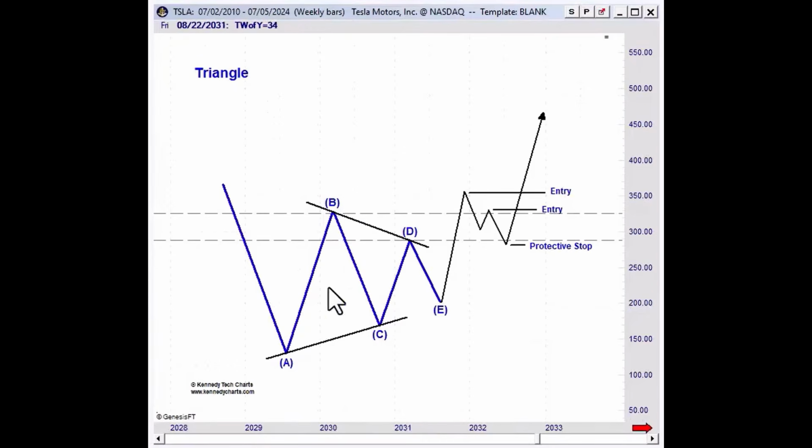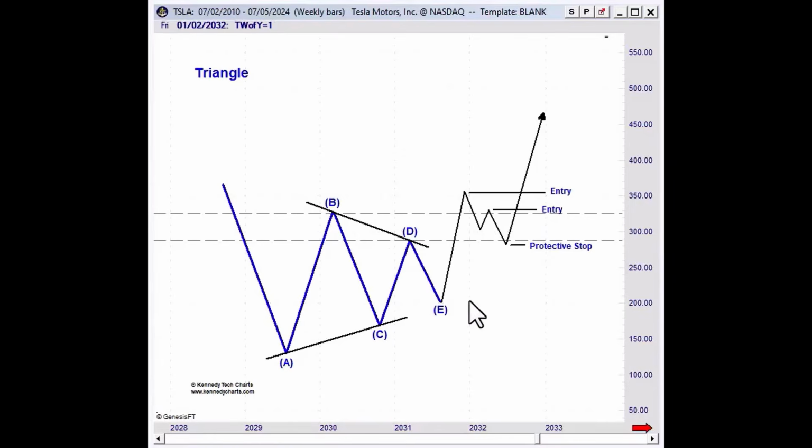Okay, so you have the triangle, A, B, C, down and done for wave E. Prices move above the extreme of wave D, and then perhaps even back above the extreme of wave B. Now what happens a lot of times whenever you take out an area of structural chart resistance, prices move up through that, and then that area acts as support.